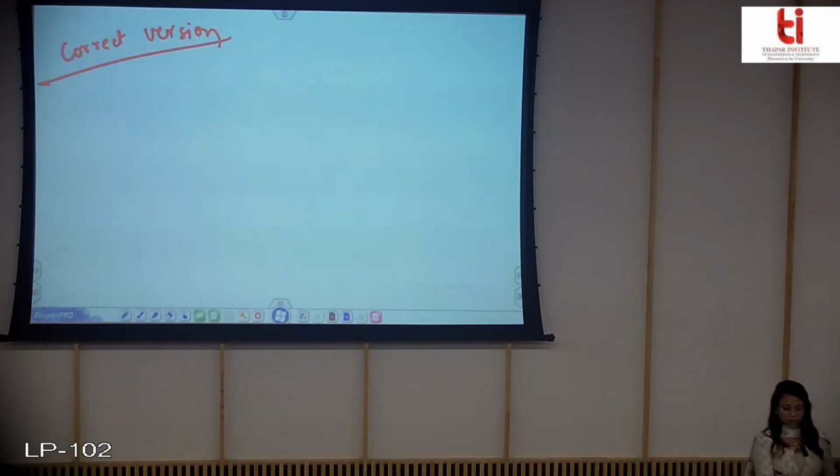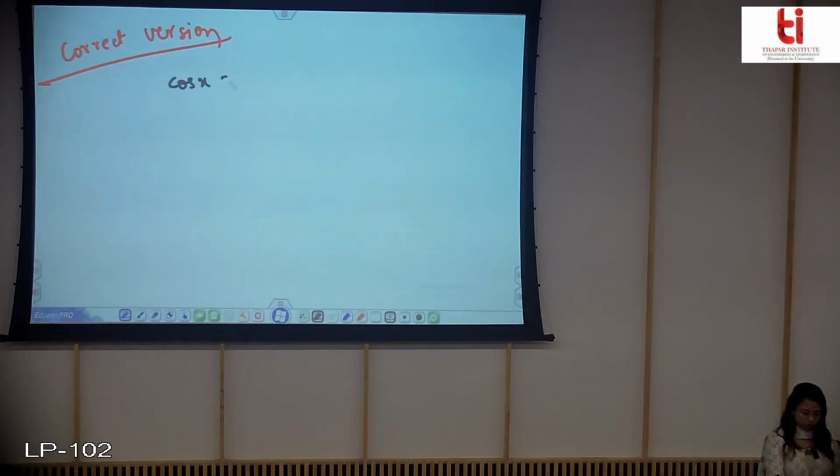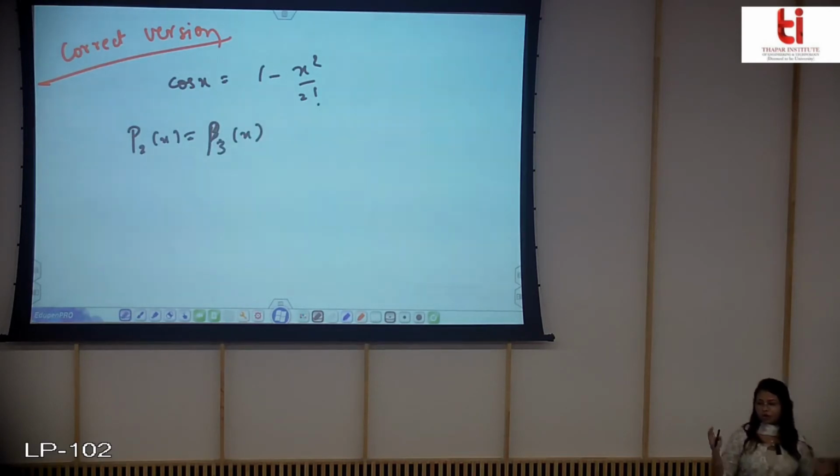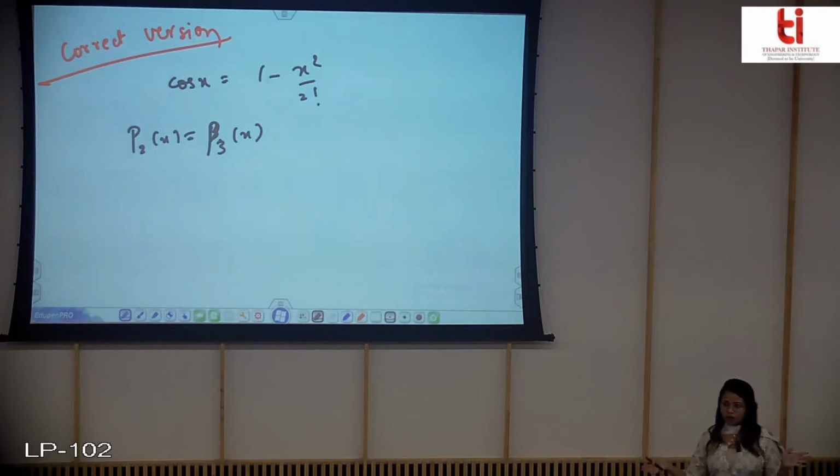Now I will write the correct version. Earlier I did not consider one term and I considered till R2 only. So since cos of x is 1 minus x square by 2 factorial, you know that p2 x is equal to p3 x. You have already seen, because there is a 0. So if you consider the Taylor polynomial of order 2 and the Taylor polynomial of order 3, they are the same.